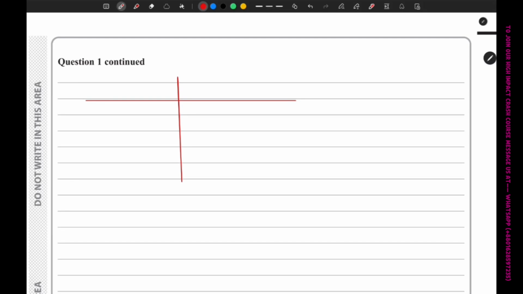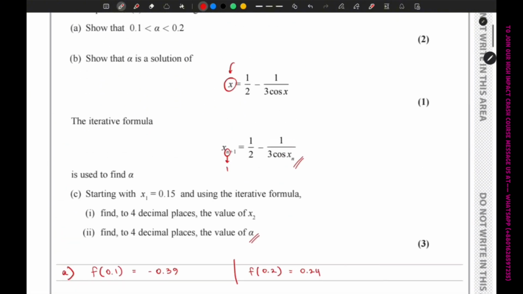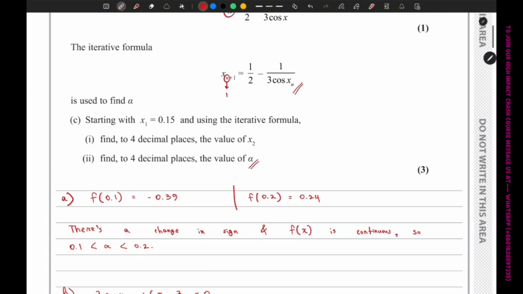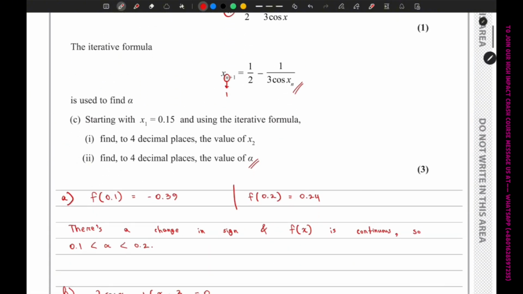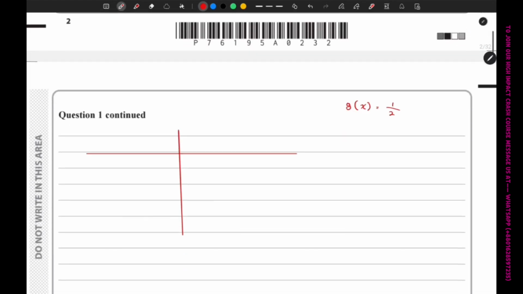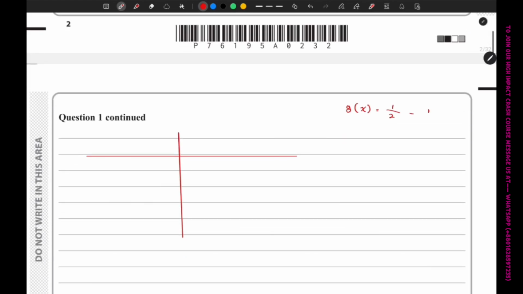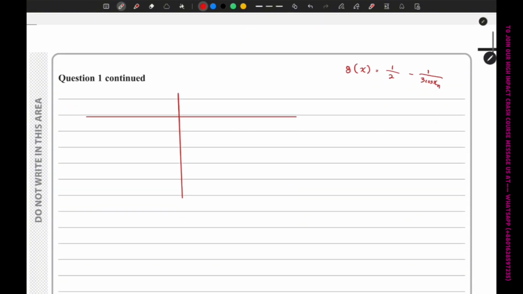Let's say that we have the function g(x) as the iterative formula, which is 1/2 minus 1/3 cos xn. This will be the value of xn, and this will represent the value of g(x).